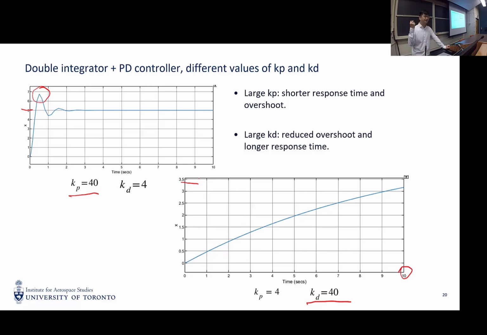If you have something in your Simulink, you can try some KP and KV. If you want faster response, increase KP. But if you discover this fast response costs too much overshoot, increase KD. But if you have too slow response, then maybe your KD gain is too large. Questions? Good.